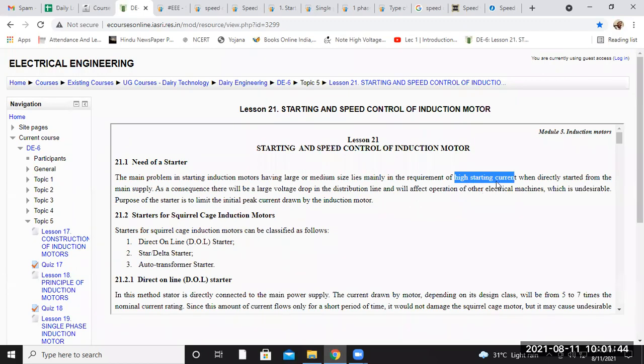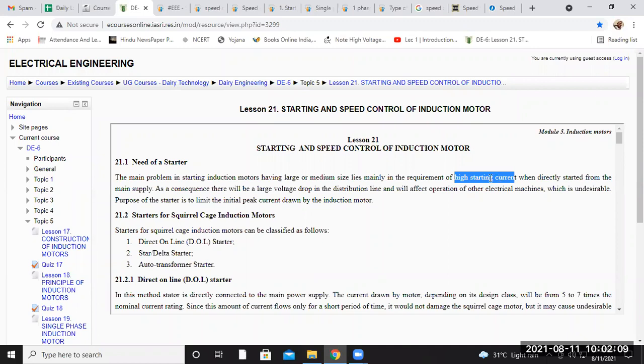Because of the high starting current, if you directly connect the induction motor with the supply source, the voltage drop will be higher because of the mmf produced in the stator winding. That's why if you're providing 440 volt, you will get a working voltage of around 400 volt, or maybe 350 volt.